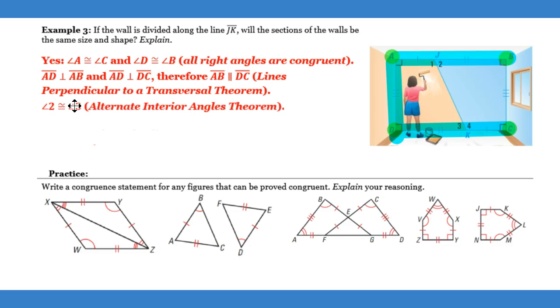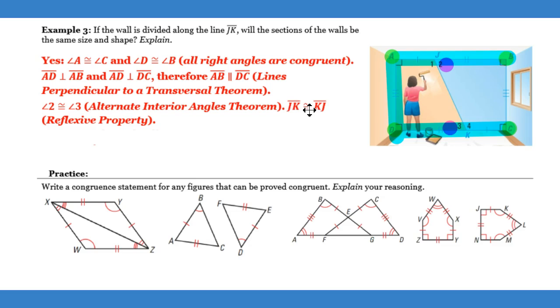Now, I know that AB and DC are parallel, so this is my transversal, which makes angle 2 and angle 3, which I have since covered up, alternate interior angles, as well as angle 3 and angle 4 and angle 1.